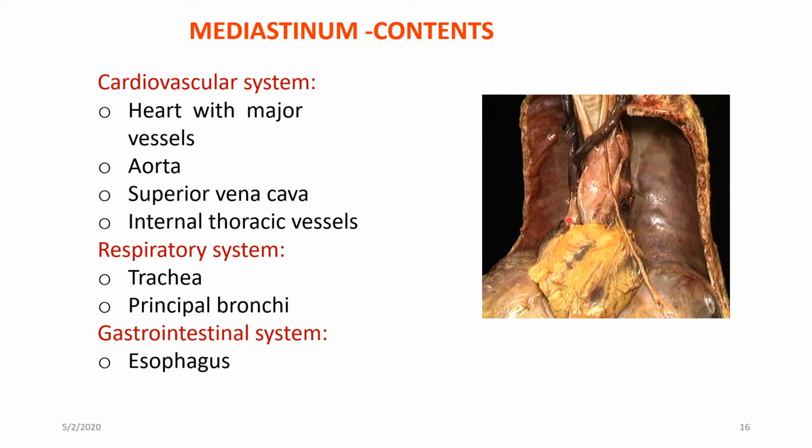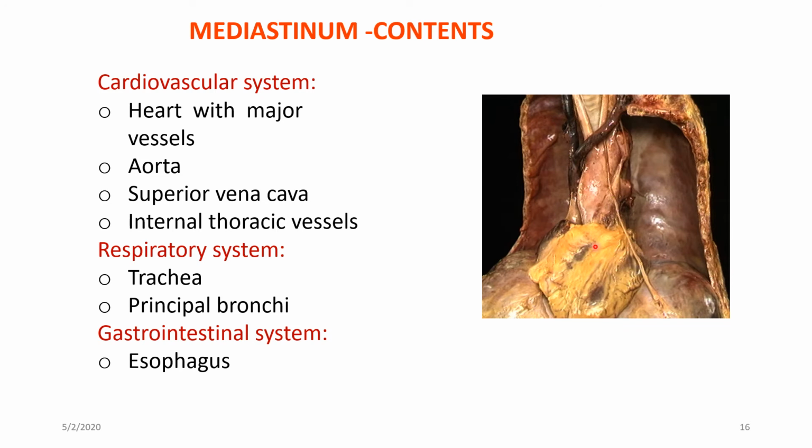This is the superior vena cava, which we have discussed. This is the left brachiocephalic vein. This is the right brachiocephalic vein, and we have seen the internal thoracic or internal mammary vessels previously.